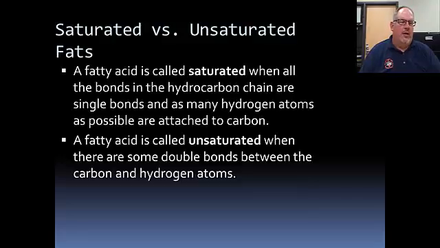And so that is the difference between the two. So saturated is all single bonds between the carbons within the fatty chains. Somewhere there's at least 1, sometimes more, double bonds between the carbon molecules in unsaturated fats.